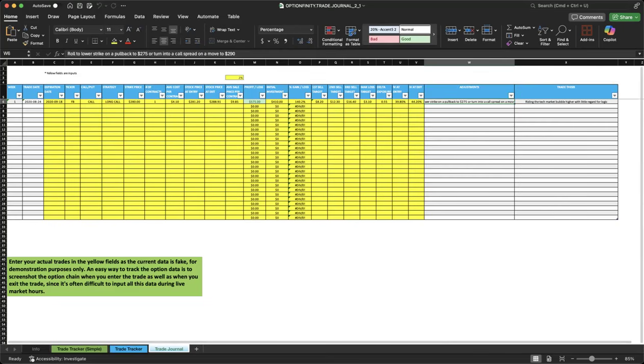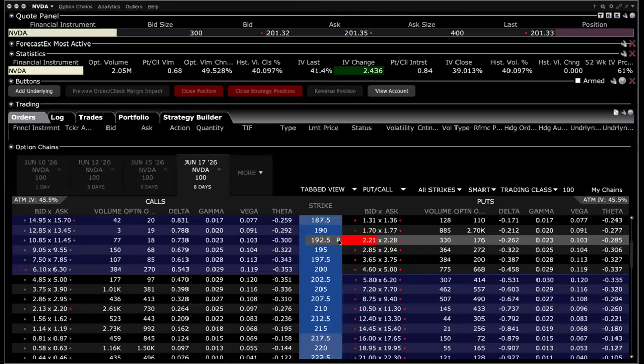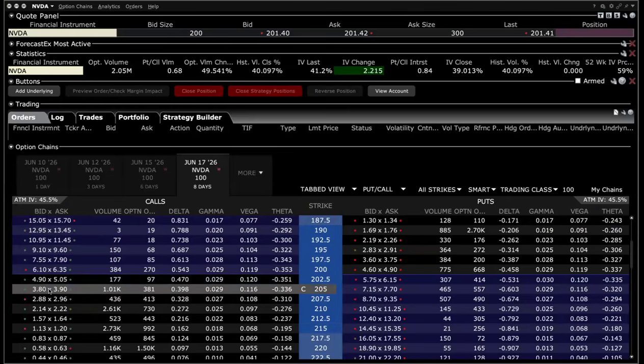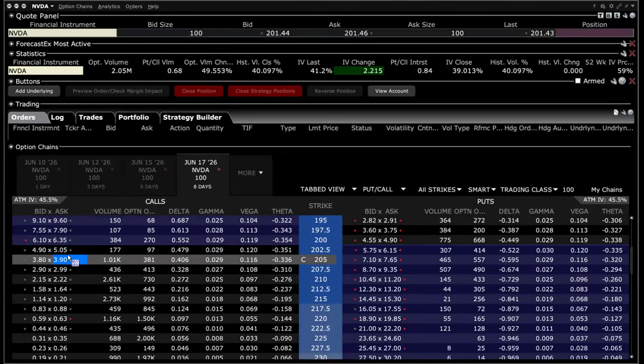Again, going back to that NVIDIA position that I posted, for next Friday. So I mentioned the 205s are 3.80, right? So you can buy these for 3.80, but you could sell, for example, the 210s for $2.20. So now you're reducing your cost basis from 3.80 down to $1.60 by selling these contracts.